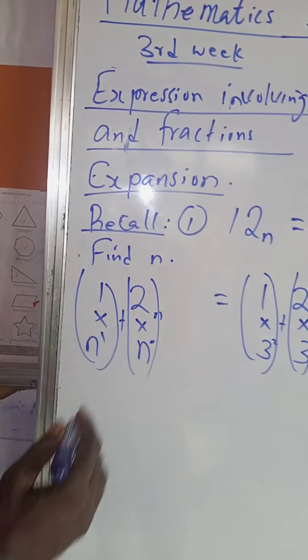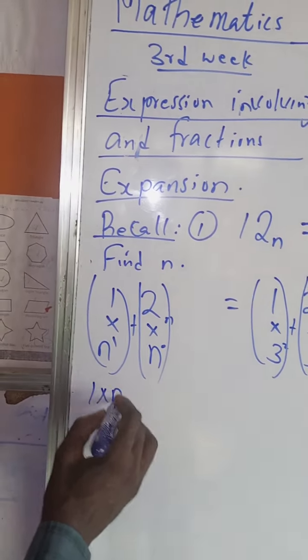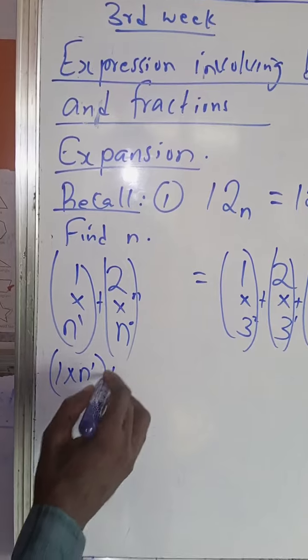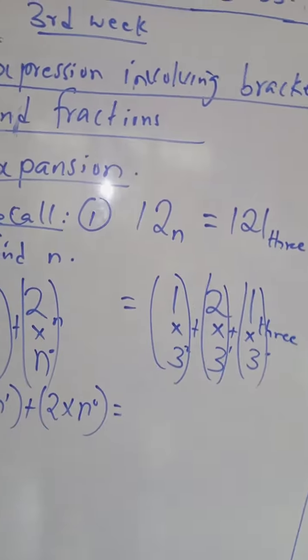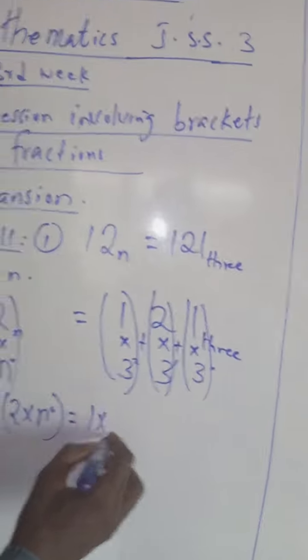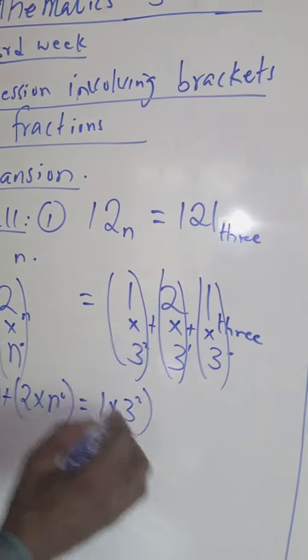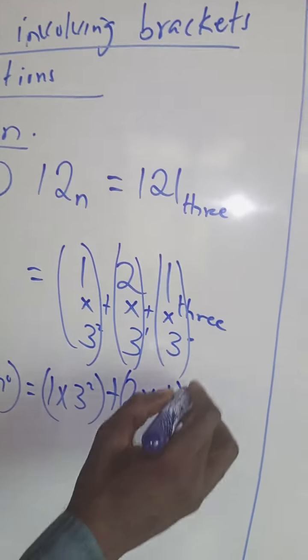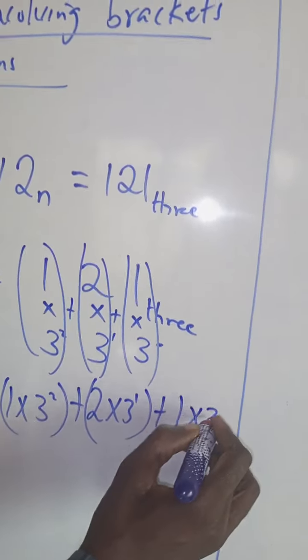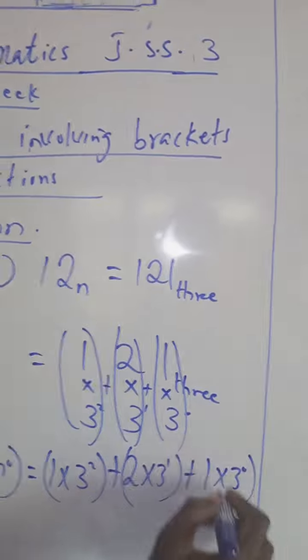Now let's move on. This will now be 1 times n raised to power 1 plus 2 times n raised to power 0. It will now be equal to 1 times 3 raised to power 2, add to 2 times 3 raised to power 1, add to 1 times 3 raised to power 0.